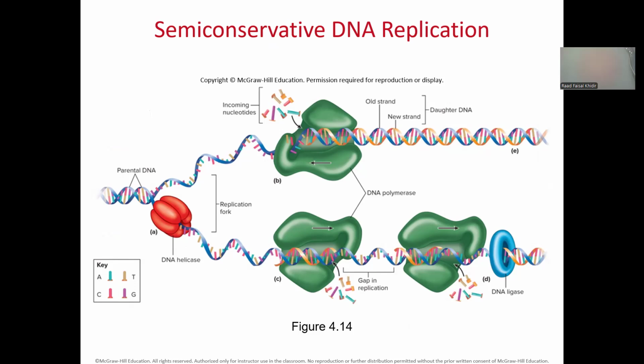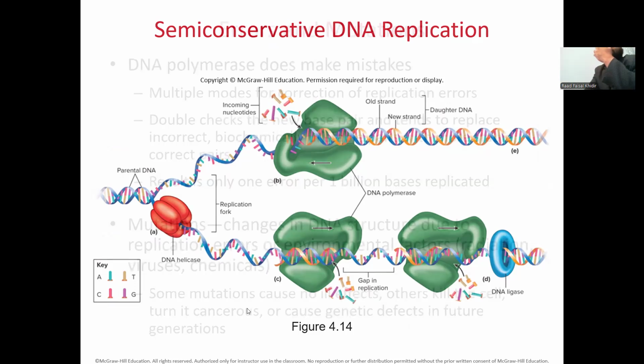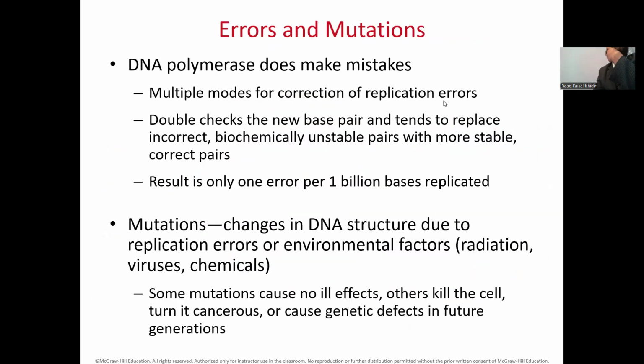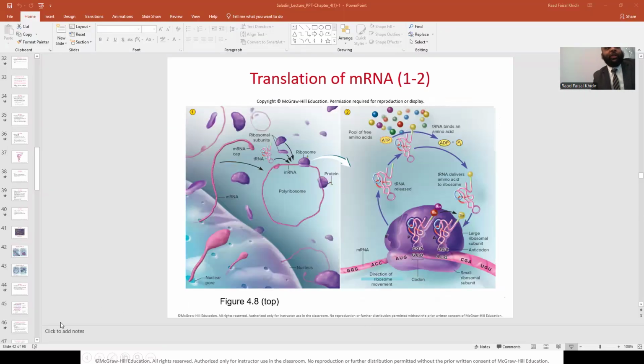What are the Okazaki fragments? The DNA polymerase does make mistakes, but very rarely. When you have mutations, these are changes in the DNA structure due to the replication.